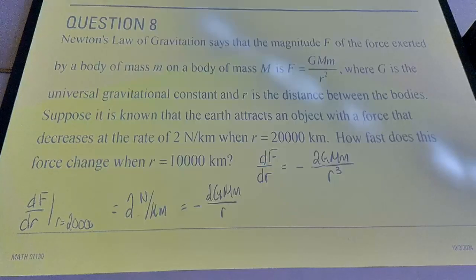Which has to equal -2 GMm all over 20,000 cubed cubic kilometers. Divide by -2.